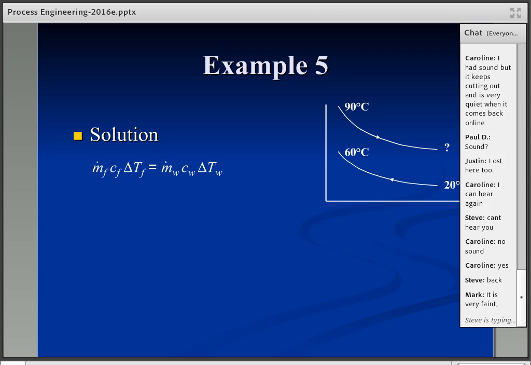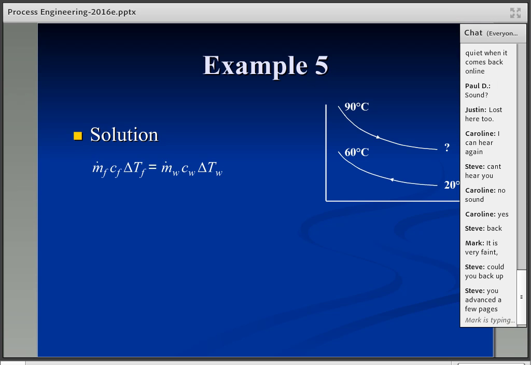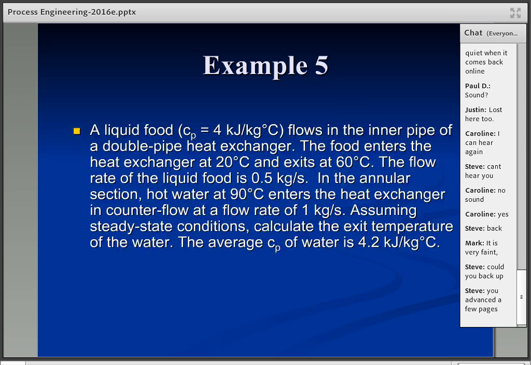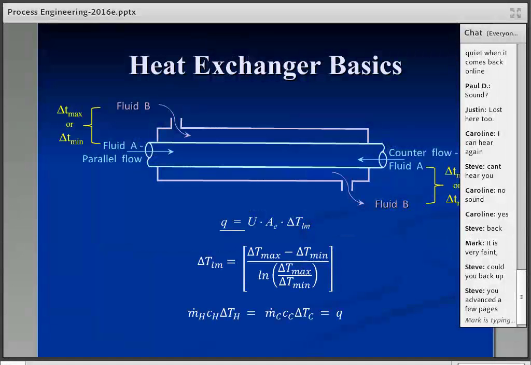Okay, so we're looking at the solution to this one. I'll back up to, again, the problem specification. For a heat exchanger problem, we went over the equations before the break.